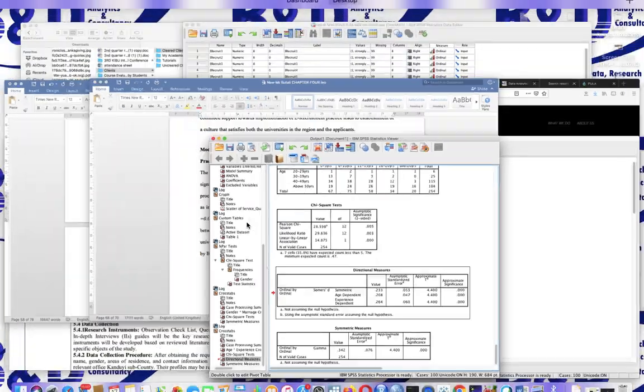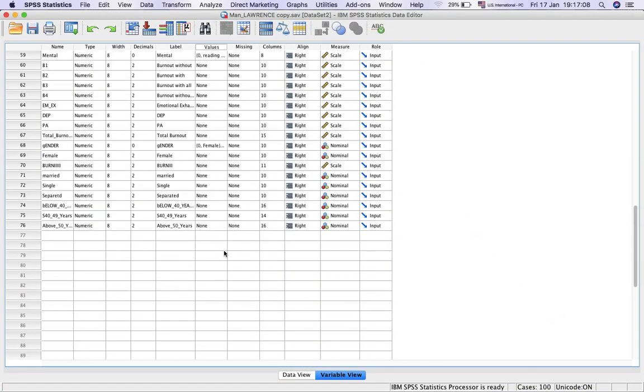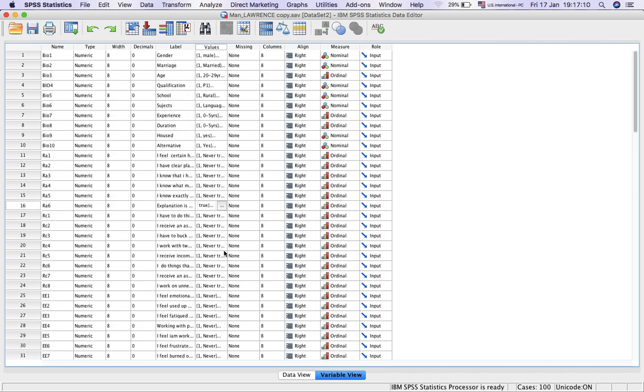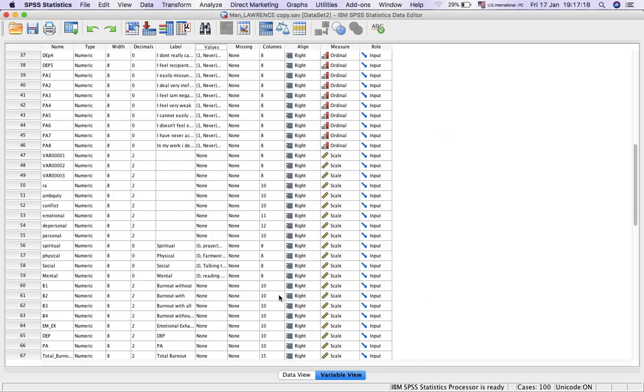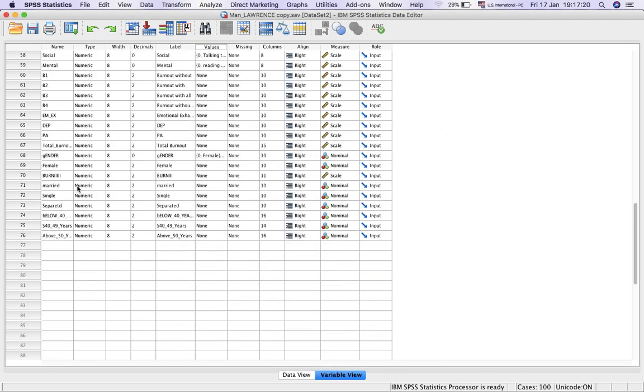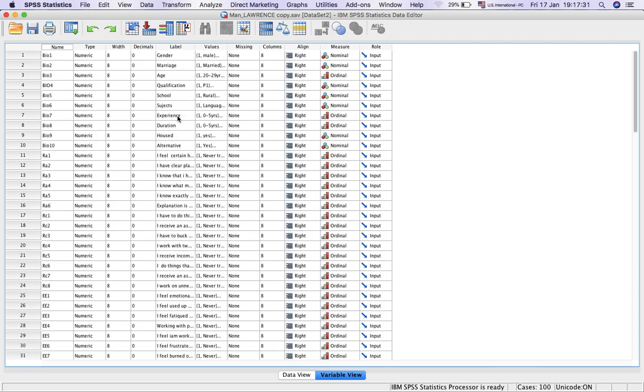So now let's assume you have a categorical variable with 3 categories: married, single, separated. You want to see the influence of marital status on emotional exhaustion.